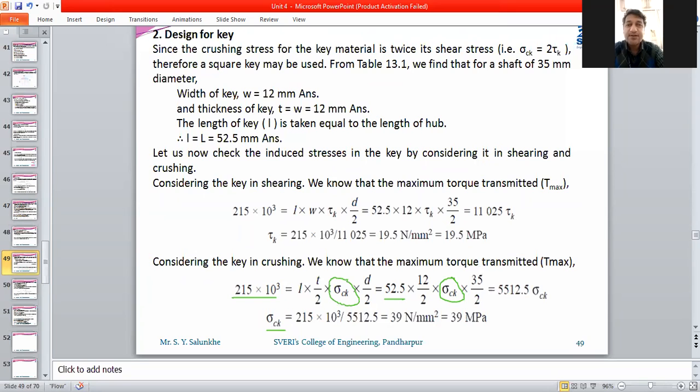We calculate the crushing stress from this formula. Hence, the compressive or crushing stress is coming equal to 39 Newton per millimeter square, and this compares with 40 multiplied by 2, that is 80 megapascal, that is 80 Newton per millimeter square. These are the allowable crushing or compressive stresses in the key material.